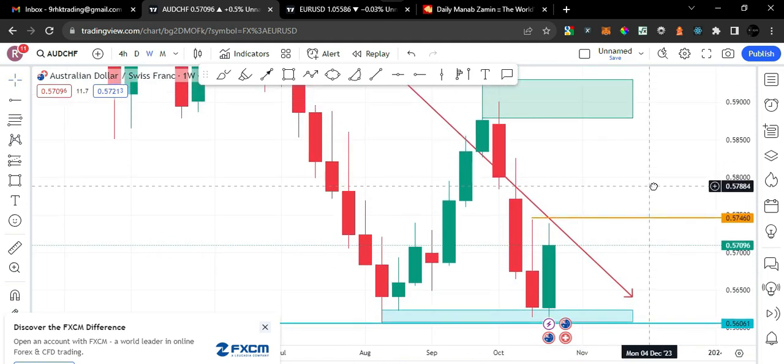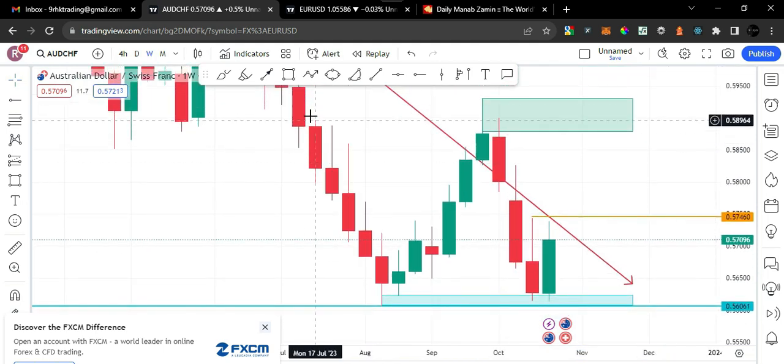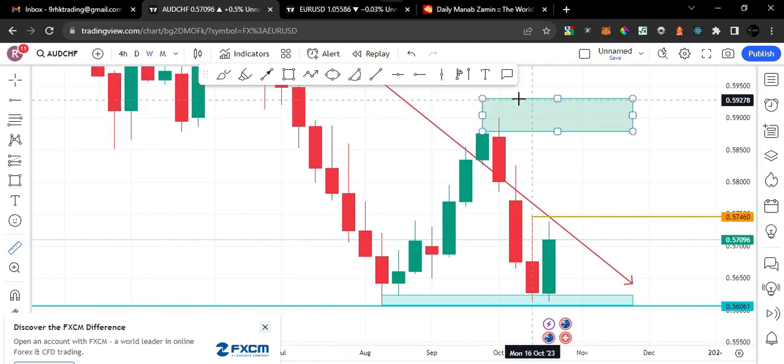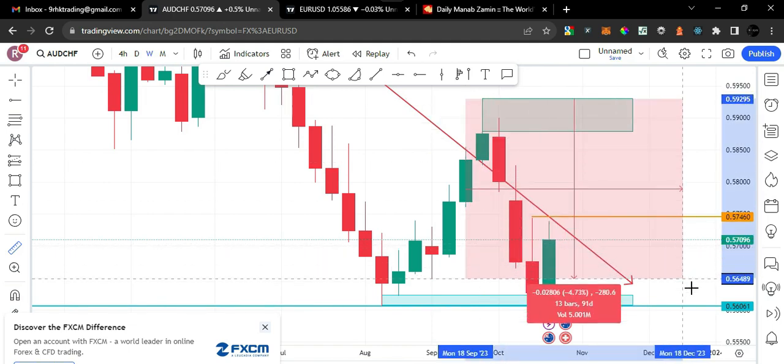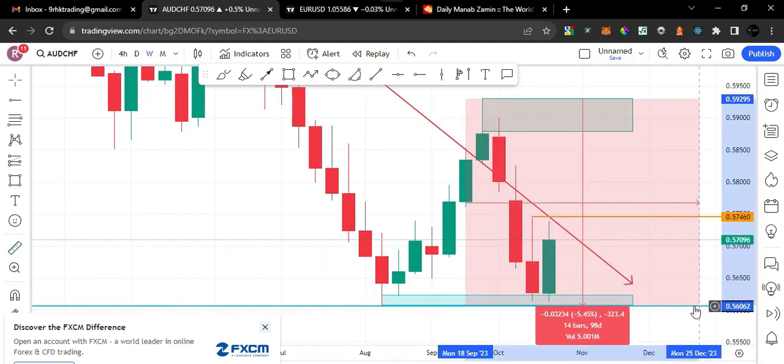Now I would like to see what happened so far in weekly. Let's measure the dispersion from here to here. It almost reached the half. Can you see? I beg your pardon, it didn't reach the half.